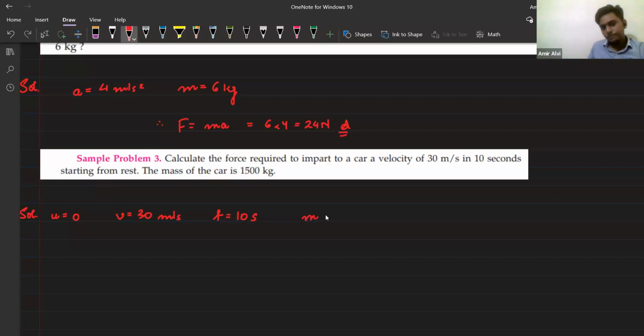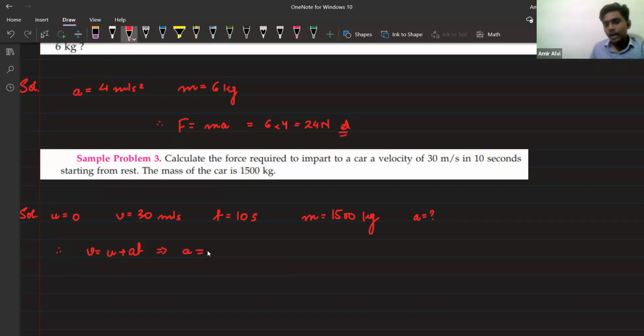As you can see, this question has no acceleration given right now. Basically, we have to find it from the other quantities. I have u, I have v, I have t. So can I use the first equation of motion, that is v equals u plus at, to find the acceleration, everyone?